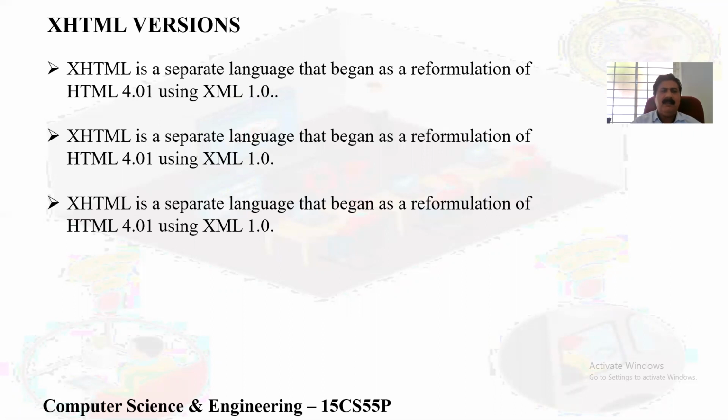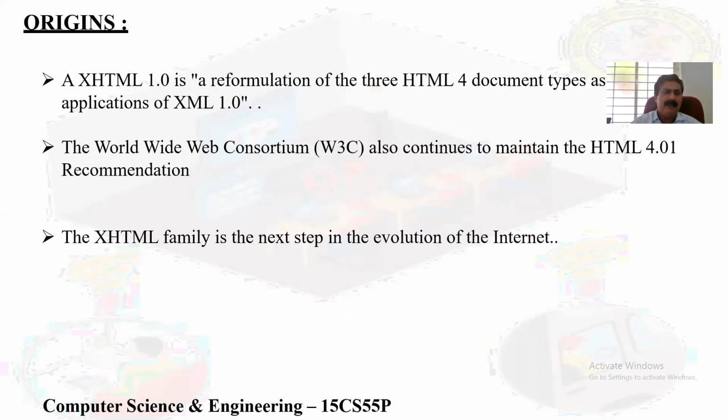XHTML versions. XHTML is a separate language that began as a reformulation of HTML 4.01 using XML 1.0. XHTML 1.0 is a reformulation of the three HTML4 document types as applications of XML 1.0.